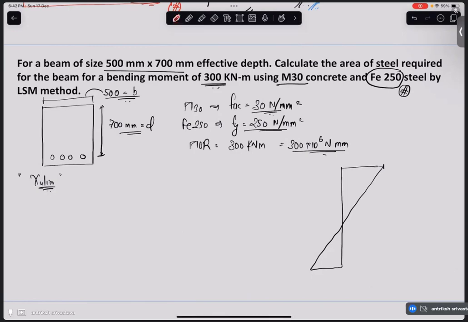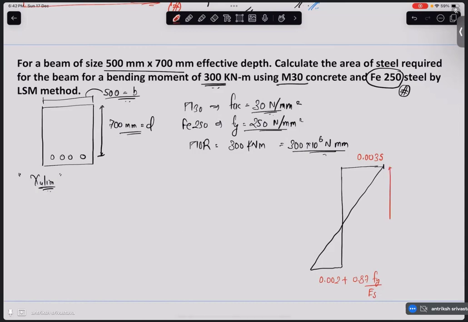That the maximum strain in the compression in our particular concrete is going to be 0.0035, right? And the maximum strain in case of our steel is going to be 0.002 plus 0.87 fy divided by Es, right? So this is the thing that I hope you remember.